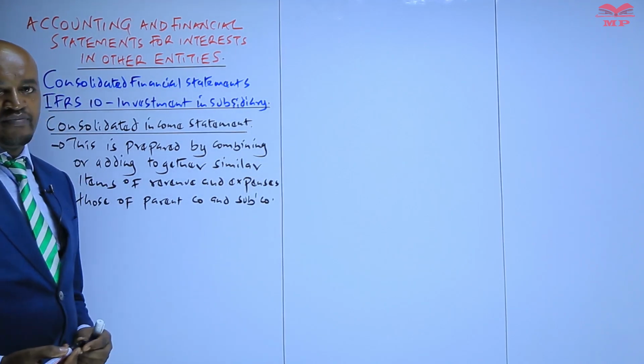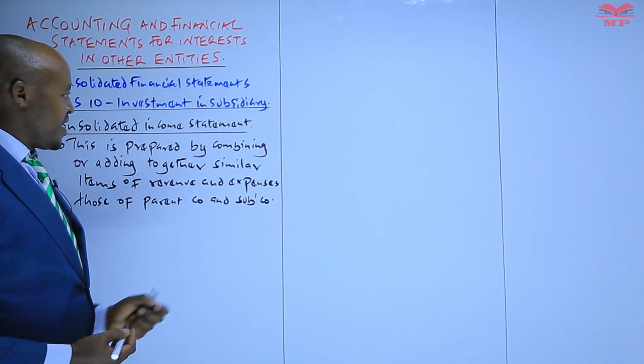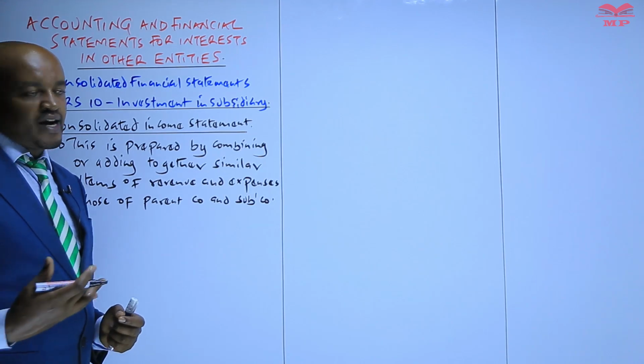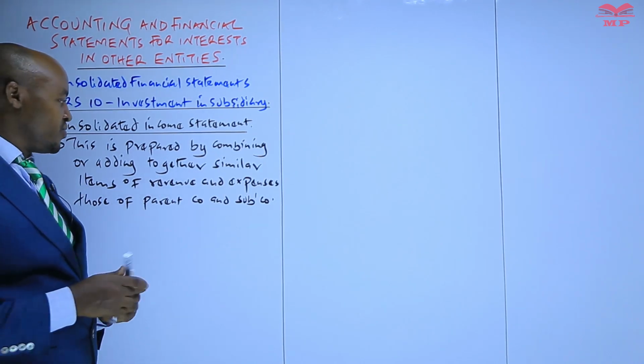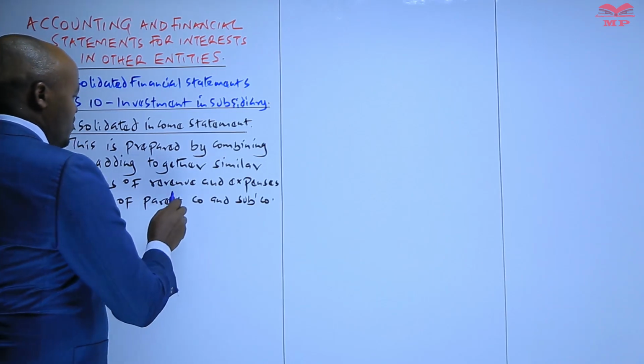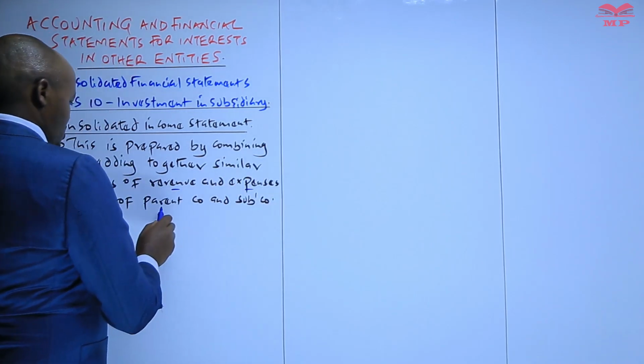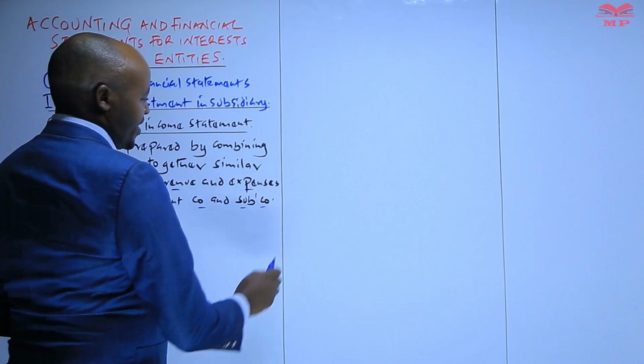So basically, when the parent company is preparing the consolidated income statement, it does that by combining, or in other terms by adding together, similar items of revenue and expenses, those of the parent company and those of the subsidiary.